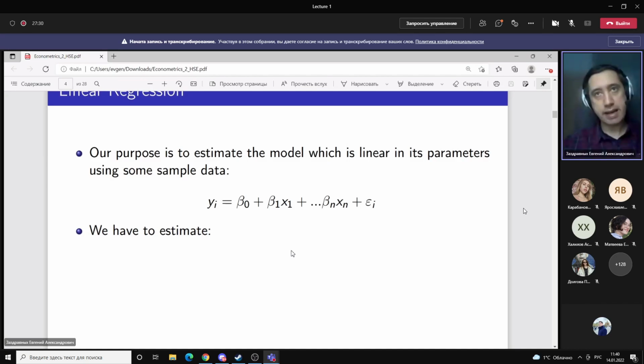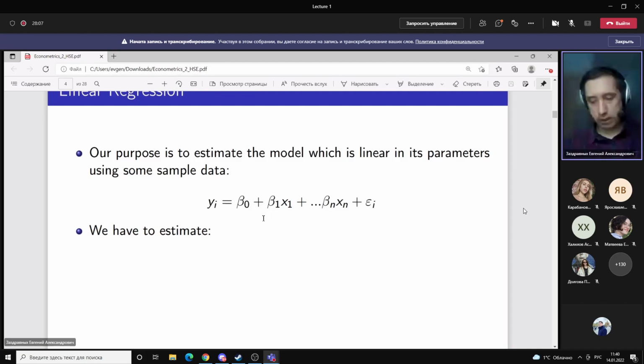And we need an indicator to measure how precise our estimated betas are. For example, my beta 1 is 10. Someone else can collect another sample and estimate the same regression model, and his beta 1 will be 12. Why 12? Because we use the same population, but our samples are different.